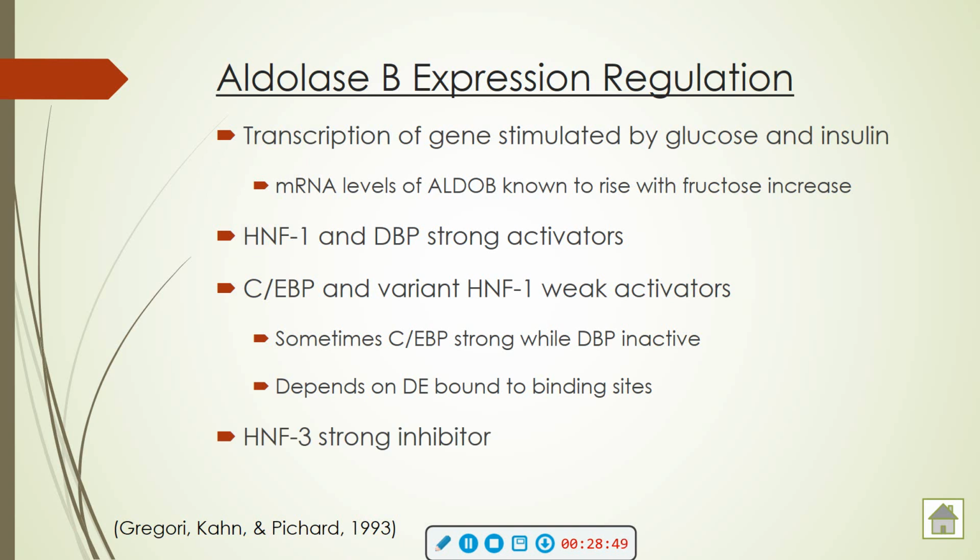So we have a cell in the liver that activates immunity, but then you have HNF3, which is a strong inhibitor of this. And what's really interesting is the 1 and the 3 overlap their binding sites.